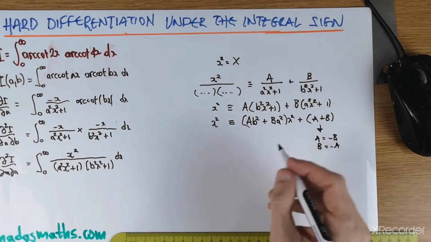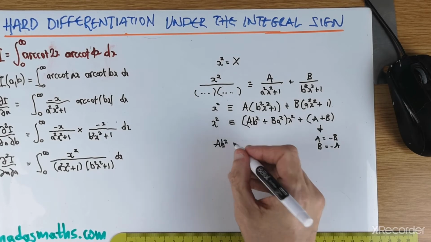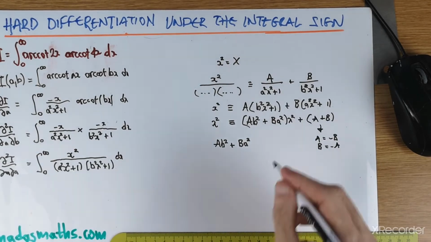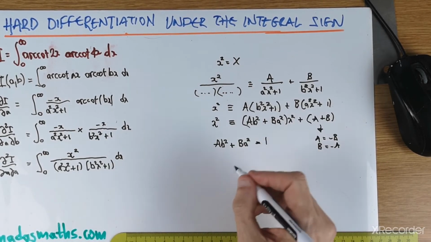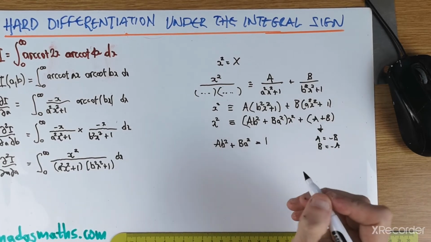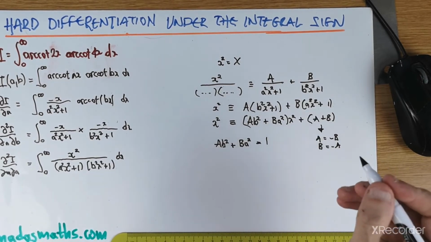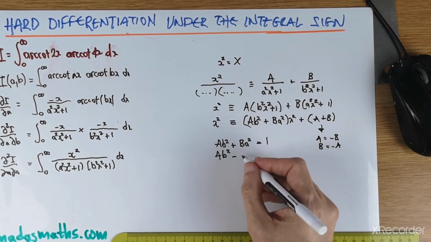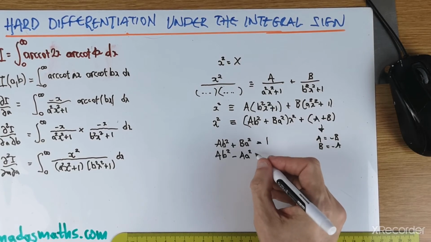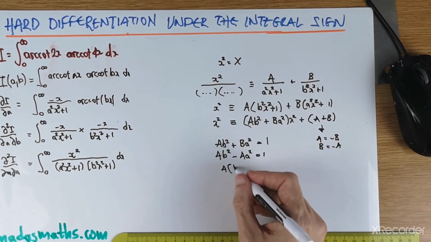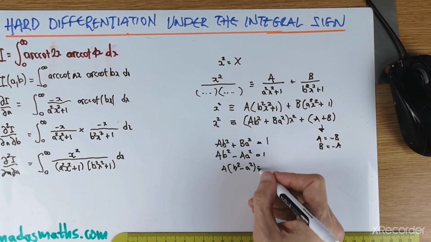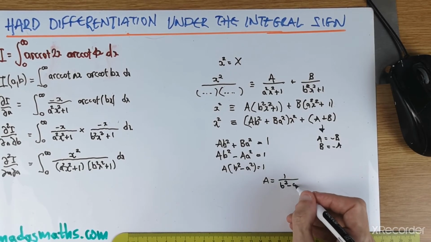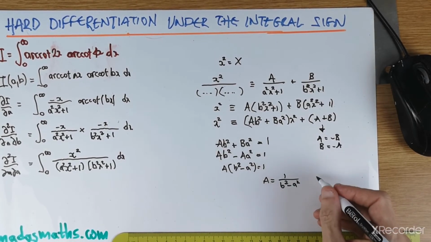And that means Ab squared plus Ba squared, this bit here, is going to be equal to 1. If we replace the B for minus A, we'll have Ab squared minus capital A a squared is equal to 1. Factorize your big A. So we found that the A is 1 over b squared minus a squared, and the B is the negative of that.